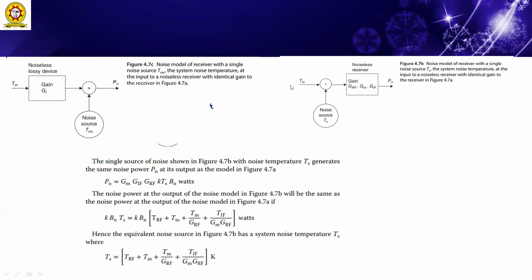So as we know from previous discussion, these are the given noise values. A single source of noise with the noise temperature generates the same noise power, which is represented by equation number 1.